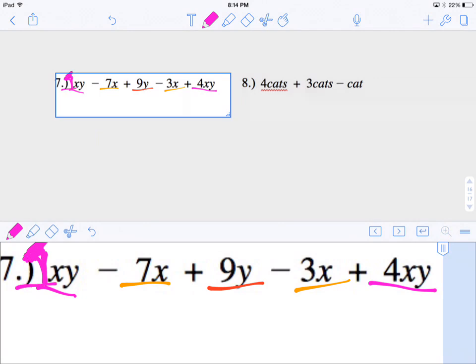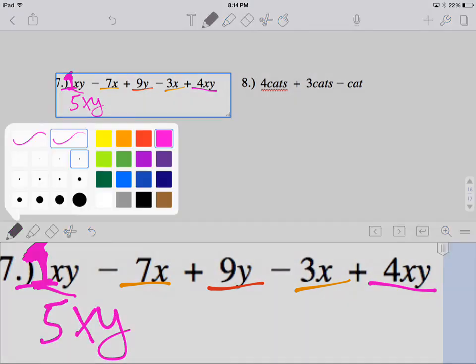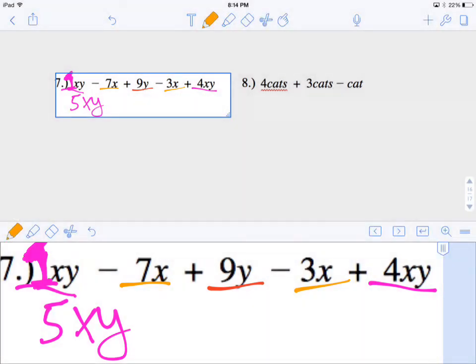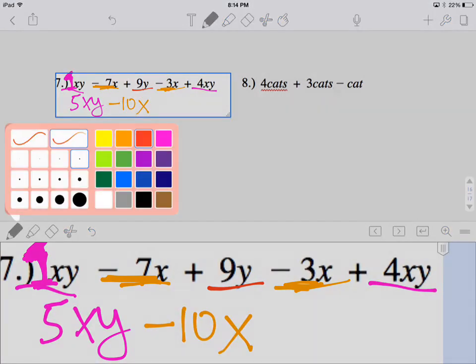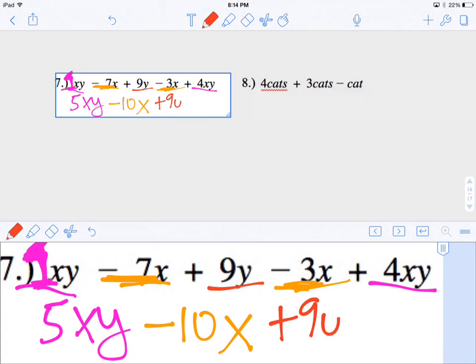Still not great. So we've got 1xy plus 4xy, so that makes 5xy. Orange. I have negative 7x, see that sign in front, and negative 3x, which for a grand total of negative 10x. And finally, plus 9y. All done.